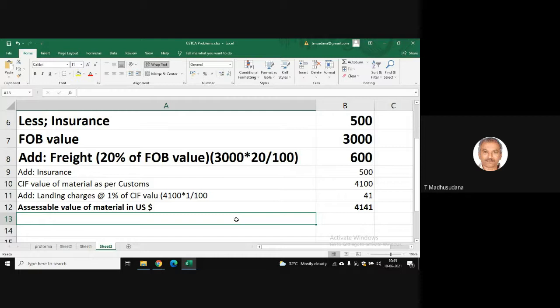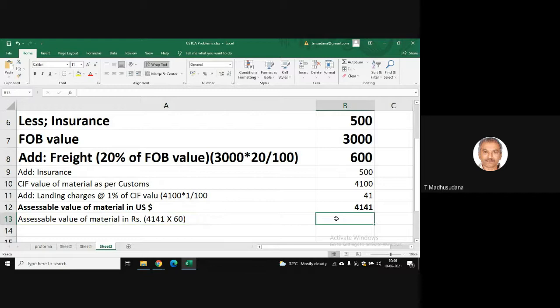Therefore, the assessable value of material in rupees is equal to 4,141 into 60, because the official exchange rate is only 60 rupees. 4,141 into 60. That is how much?